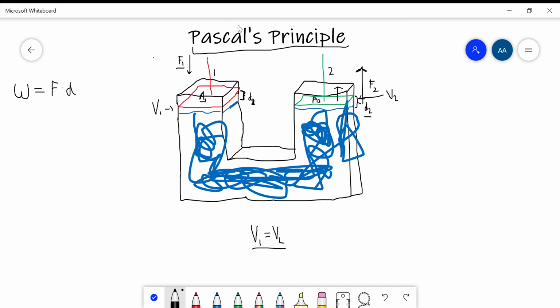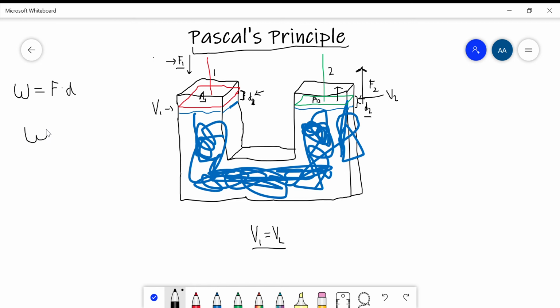And so what this is basically saying is that the amount of work you do on the piston is the same work done out. Work in equals work out. That's basically what the conservation of energy is. Energy in equals energy out, assuming it's a closed system. And for this problem, we're going to assume that we are dealing with a closed system.